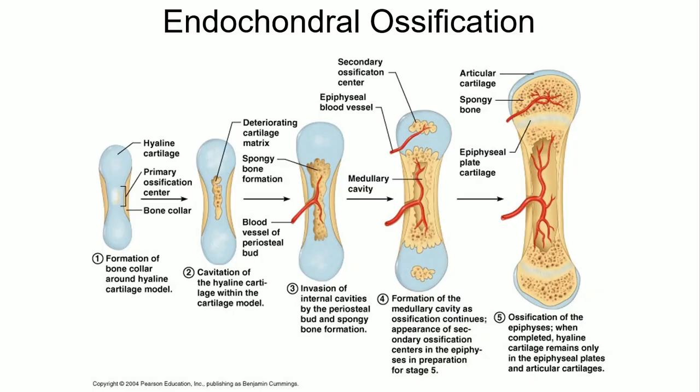So endochondral ossification is what's happening to the rest of our bones. So we have cartilage first, bone forming in the center, cartilage in the middle starts breaking down, blood vessels and osteoblasts move in, and then we are here in stage 4. The middle grows out, so the middle here is growing out, the ends are growing in, and then they are growing, boom, together.